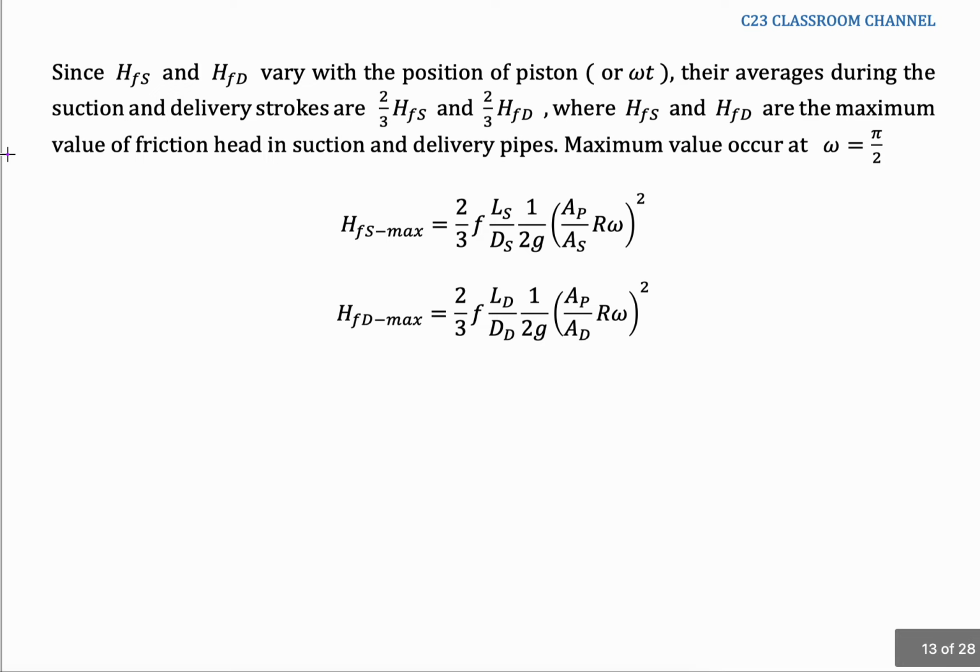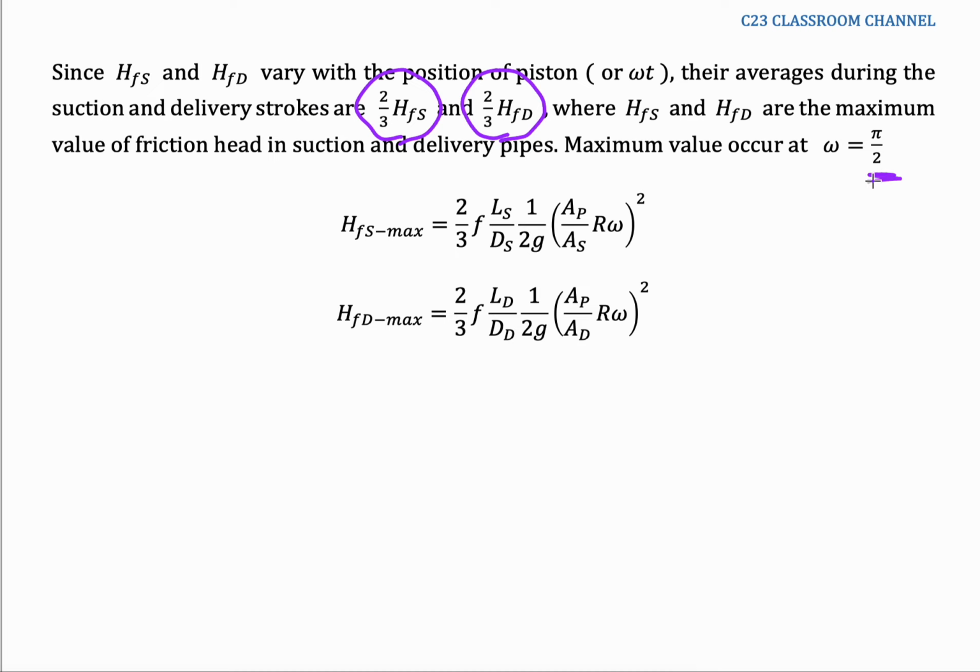Since friction in suction and friction in delivery vary with the position of the piston, their averages during the suction and delivery strokes can be written as 2 over 3 of the friction in the suction pipe and 2 over 3 of the friction in the delivery pipe, where HFS and HFD are the maximum values of friction head in the suction and delivery pipes. The maximum value occurs at omega t equal to pi over 2.